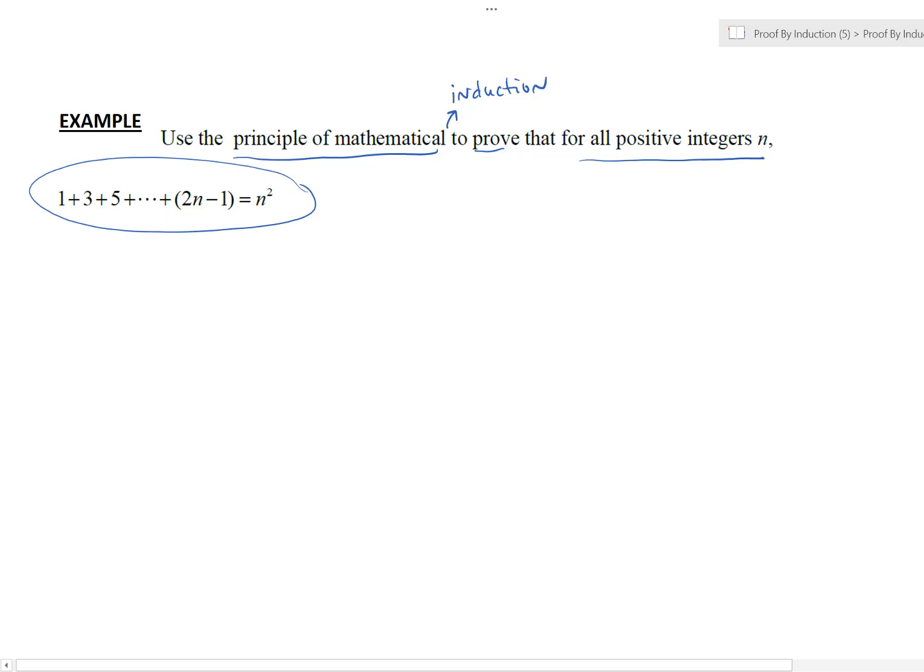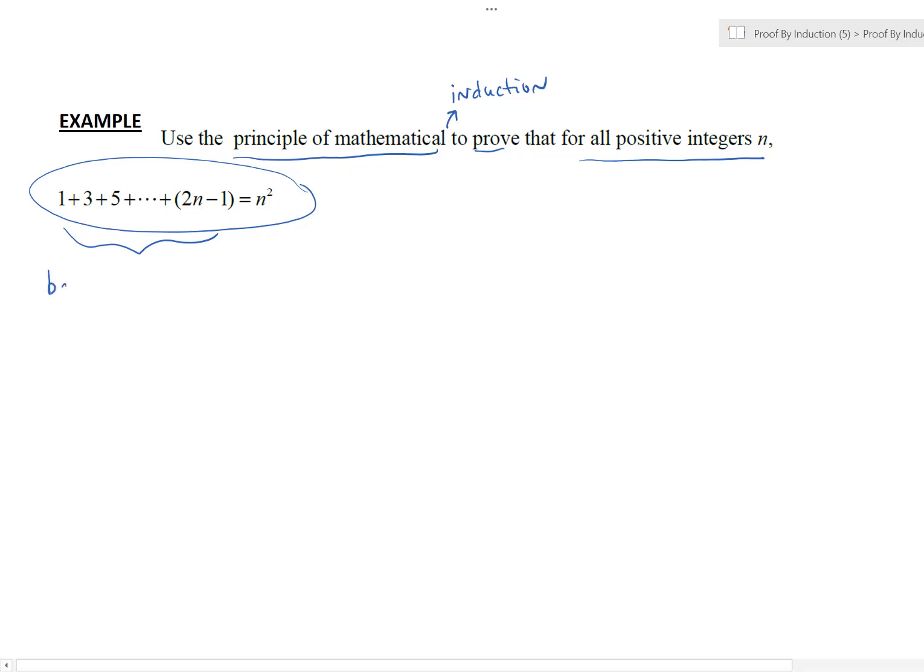So basically, what does that statement say? If you add up so many positive odd integers, that sum on the left-hand side is equal to the square of the number for which you are stopping at. We want to show that's true.